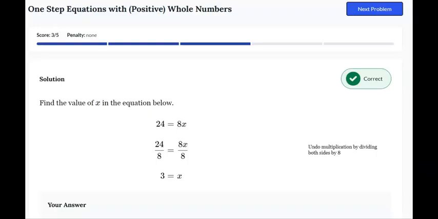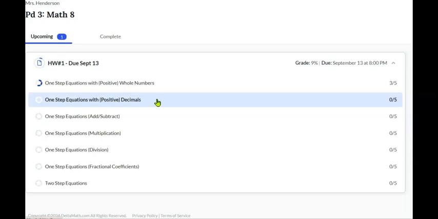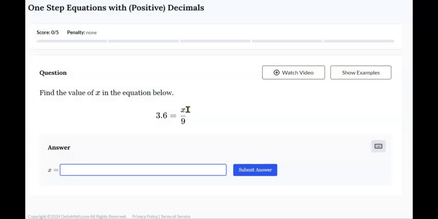Alright, I think we're ready to take a look at the next topic. The next topic is one-step equations, but with decimals this time. You may need a calculator for this situation, but if you don't have your own, you can use one in the lower right-hand side of Delta Math.